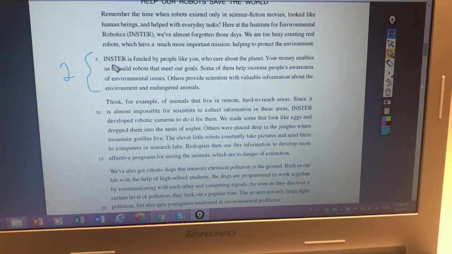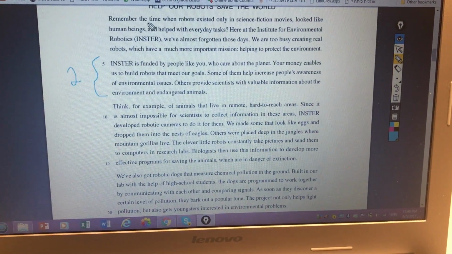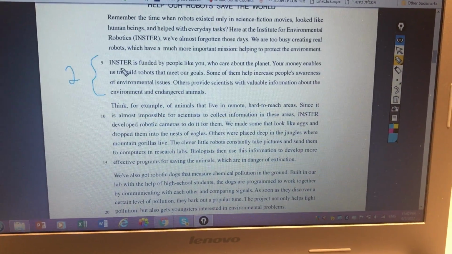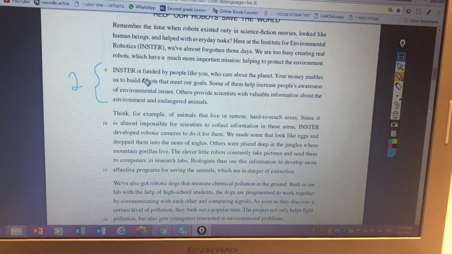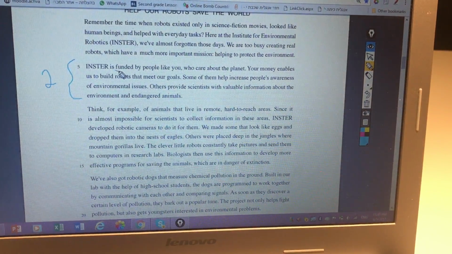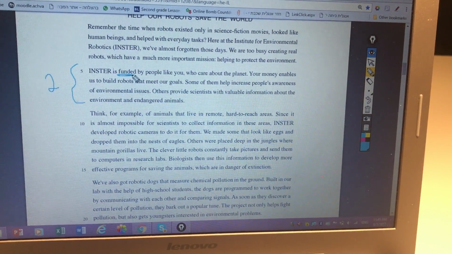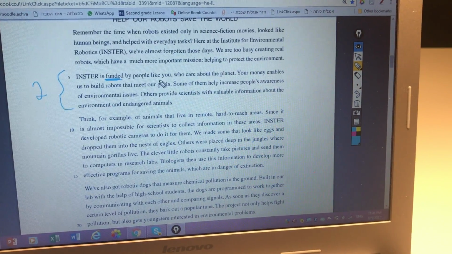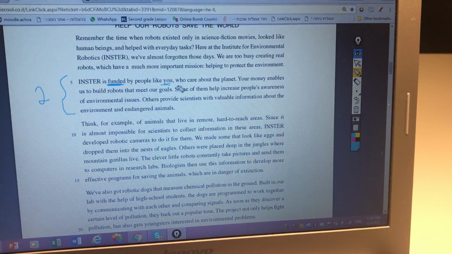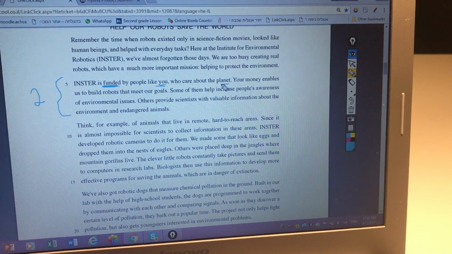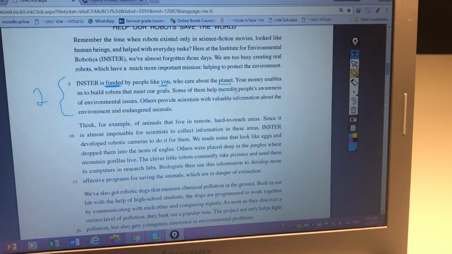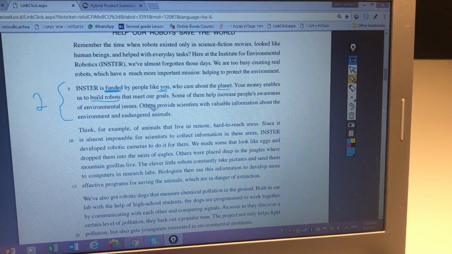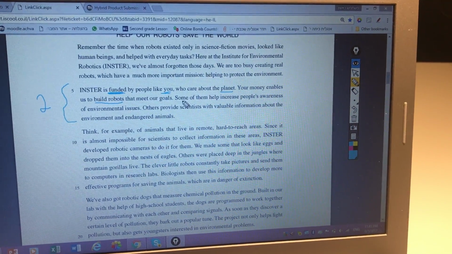Okay, so we have Inster. Remember, Inster is a shortcut for the institute that is actually creating the robots. Inster is funded. Okay, I'll highlight this. Funded is how they get their money, by people like you who care about the planet. Your money enables us to build robots that meet our goals.